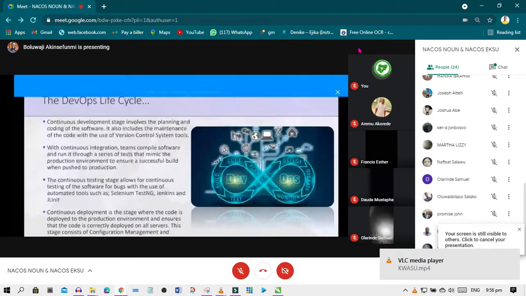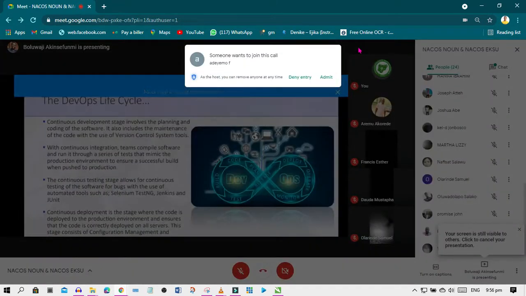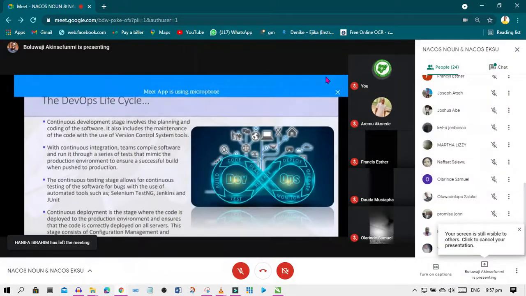But that notwithstanding, the continuous testing stage is the particular stage where all these bugs are fished out, issues are identified, and they are fixed before they get to production. And even if there's a version of it already in production, the fact that this process is continuous makes it easy for these fixes to be pushed back into production instantaneously.